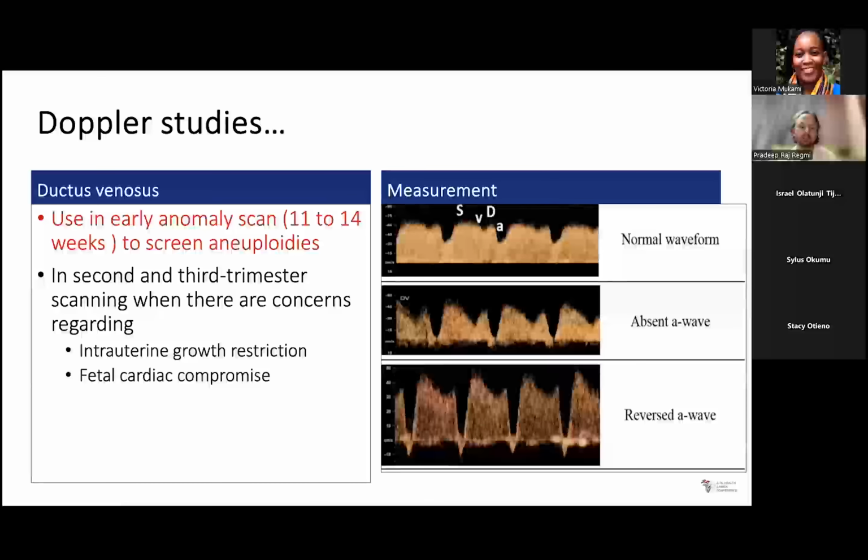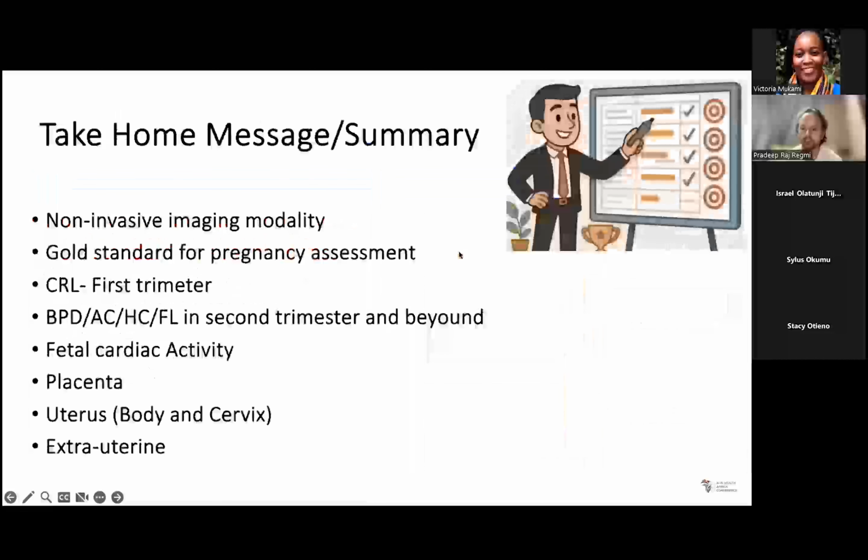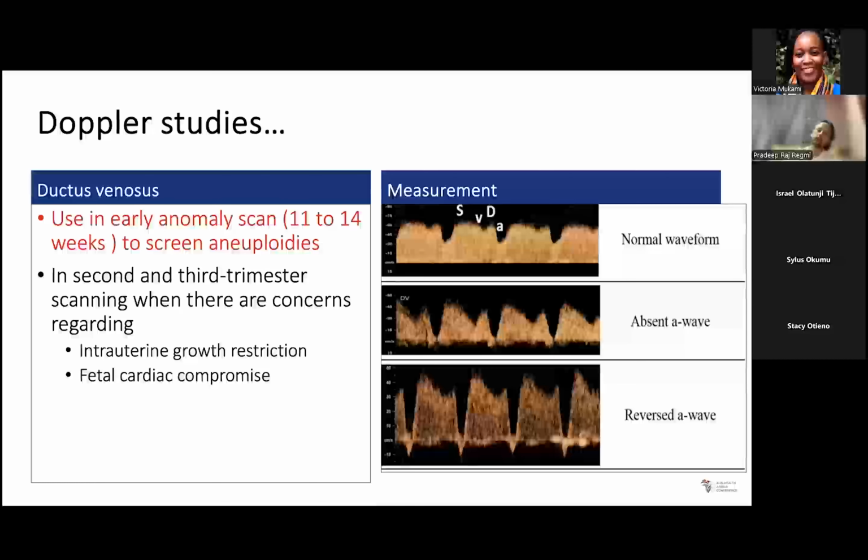The other is ductus venosus, in the early anomaly scan. We do it in the early anomaly scan to screen for trisomies, like Down syndrome as well. And we get this sort of flow in the ductus venosus waveform.